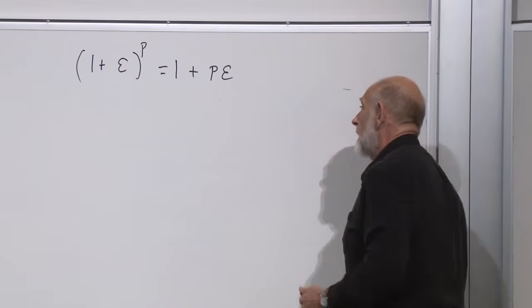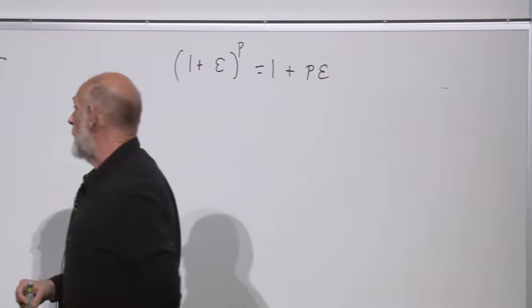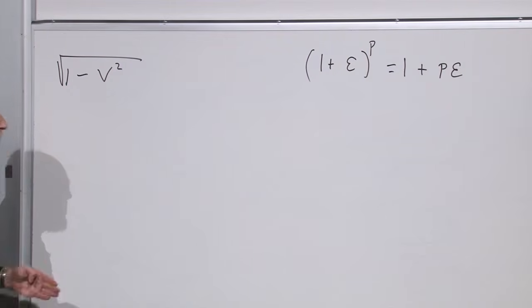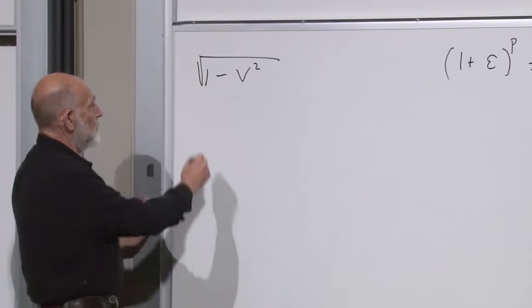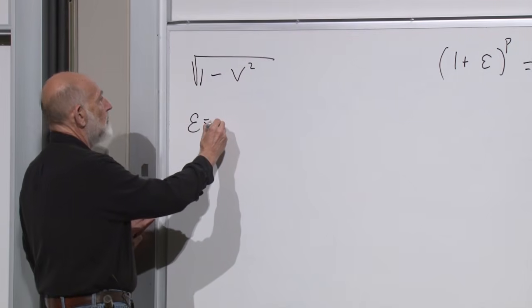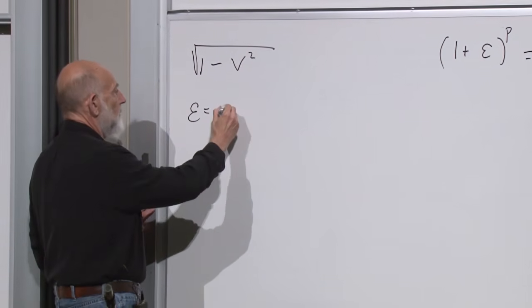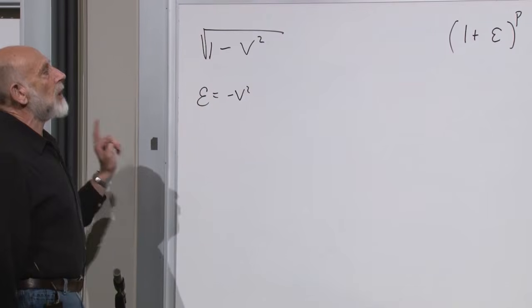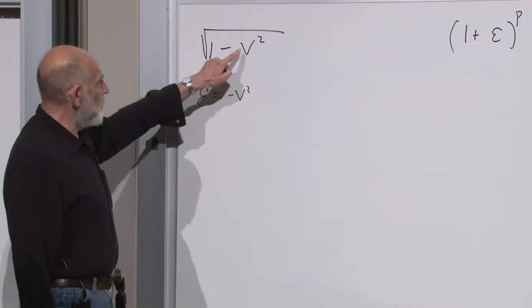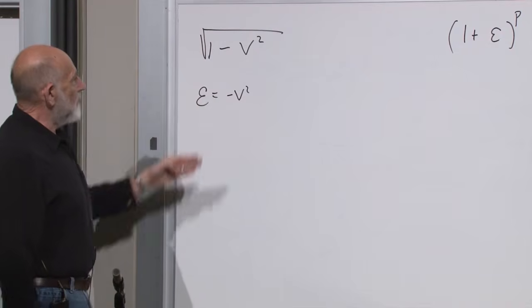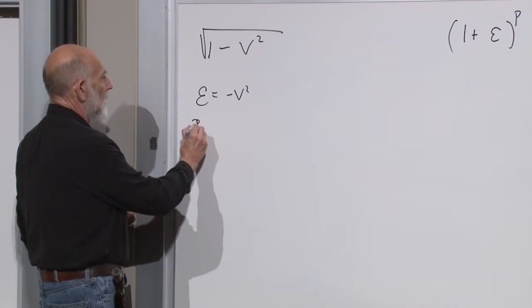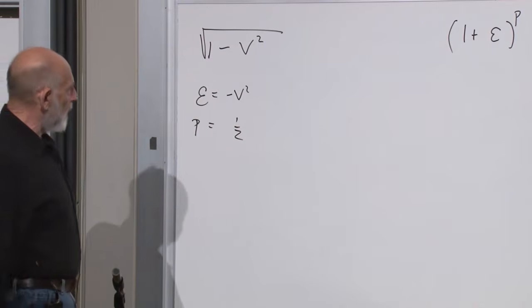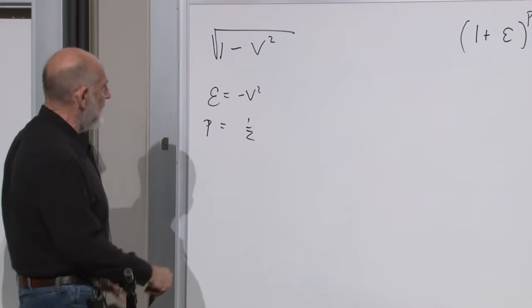All right. So supposing we want to expand the square root of 1 minus v squared, where epsilon is now equal to minus v squared. In other words, 1 plus epsilon is the same as 1 minus v squared. And the power p, in this case, is equal to 1/2. Square root of a quantity is that quantity to the 1/2 power.